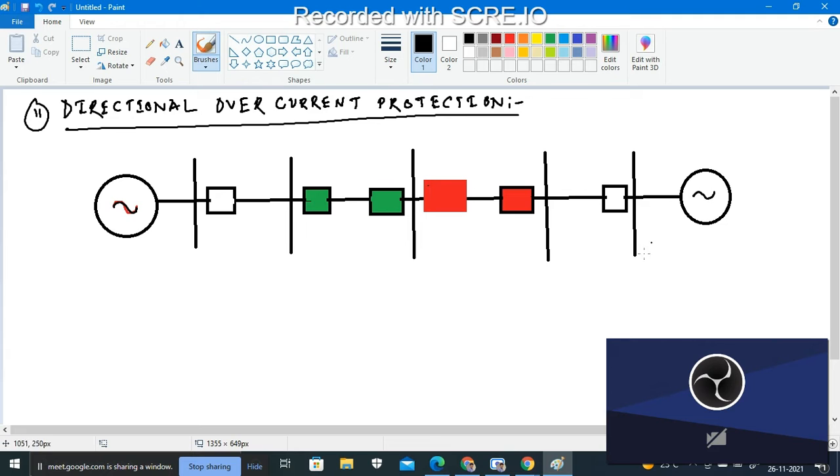The resistance between A and B is 6 ohm. The total resistance between B and C is given as 11, and between A and C it is 9 ohm. So what will be the individual resistances? Just find it out.